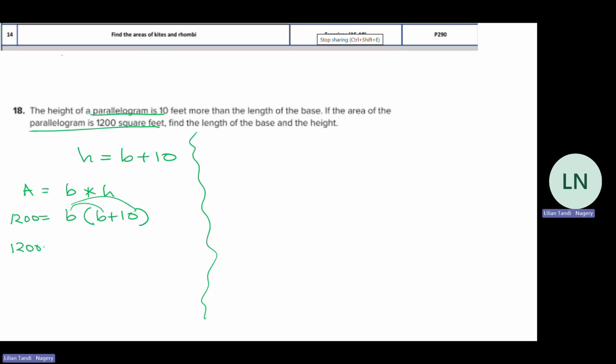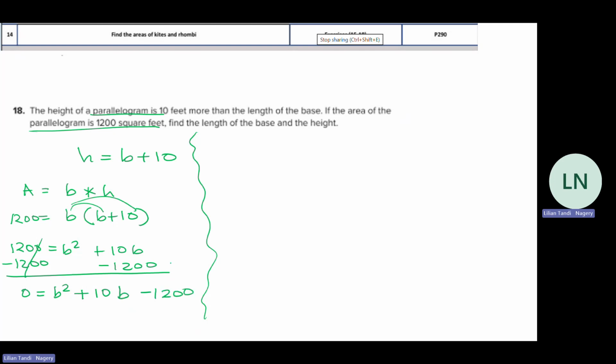So 1200 equals B squared plus 10B. Then I'm gonna make this a quadratic equation. I'm gonna subtract 1200 on both sides. So I'm gonna get 0 equals B squared plus 10B minus 1200.